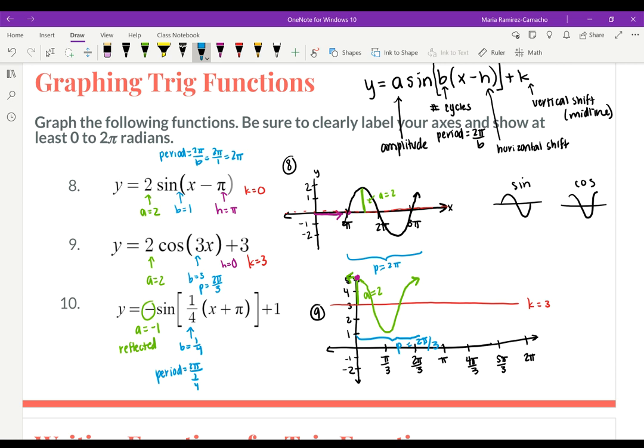Do keep, change, flip when you're dividing. 2 pi divided by 1/4 is the same thing as 2 pi times 4, and you're going to get 8 pi. We're shifting this graph negative pi units, so that's to the left, again, because of the x plus pi. And here our midline is at 1.